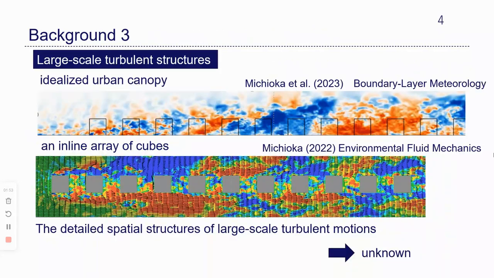So in previous studies, large-scale turbulent structure was observed within the idealized urban canopy and around the inline array of the cube. We observed a rough structure of the large-scale turbulent motion, but the detailed spatial structure of the large-scale turbulent motion is still unknown.